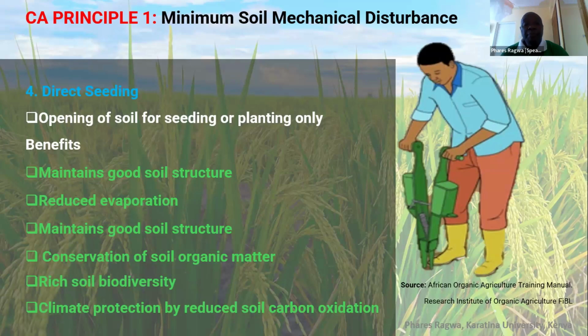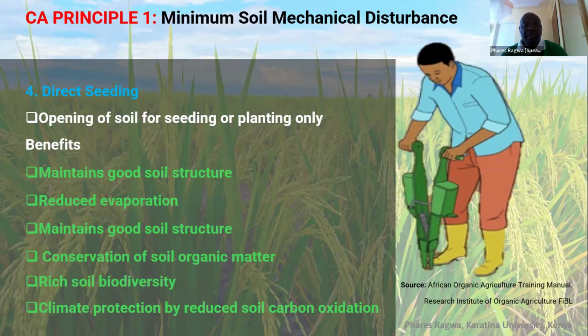So when you do direct seeding, of course, we are minimizing the disturbance of the soil. And when we avoid disturbing the soil, like I said, all the moisture, the water in the soil will be retained there, and that is good for the crops. We won't interfere also with the soil structure. We also won't interfere with the soil organic matter.